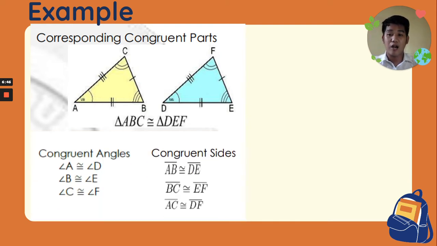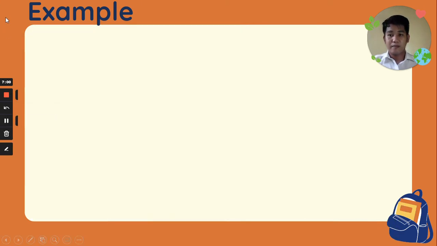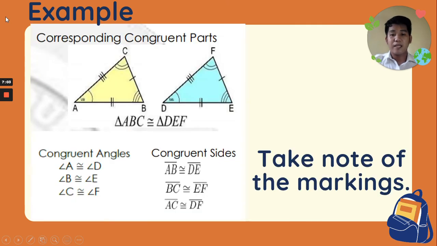The congruent angles are angle A is congruent to angle D, then angle B is congruent to angle E, then angle C is congruent to angle F. Then this time congruent sides, side AB is congruent to side DE. You follow me? Then side BC is congruent to side EF, and then side AC is congruent to side DF. Take note of the markings.